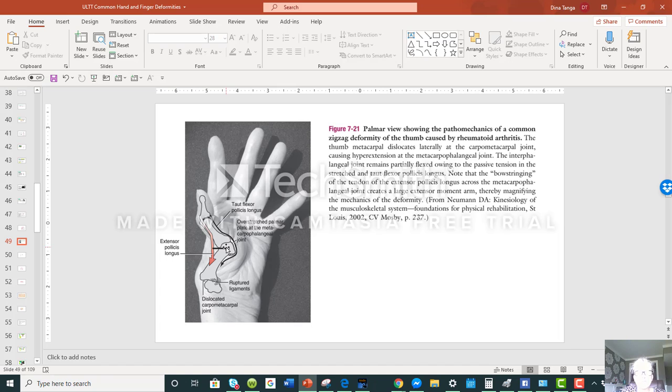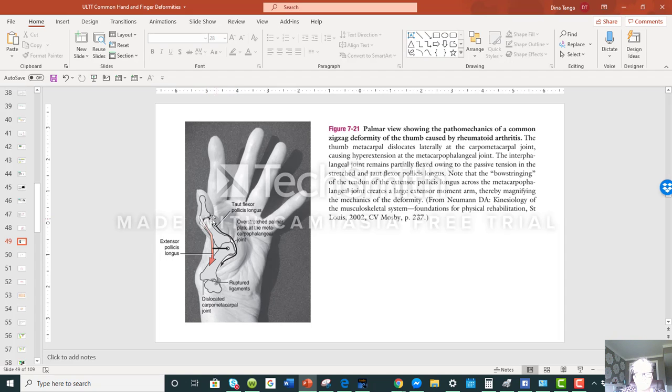The interphalangeal joint remains partially flexed owing to the passive tension in the stretched and taut flexor pollicis longus.